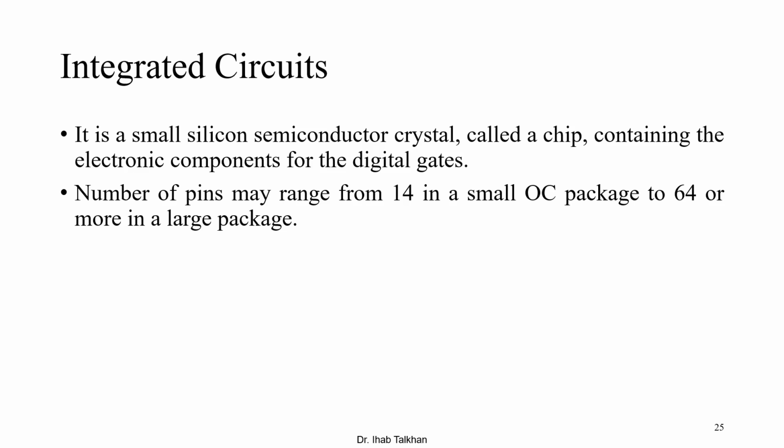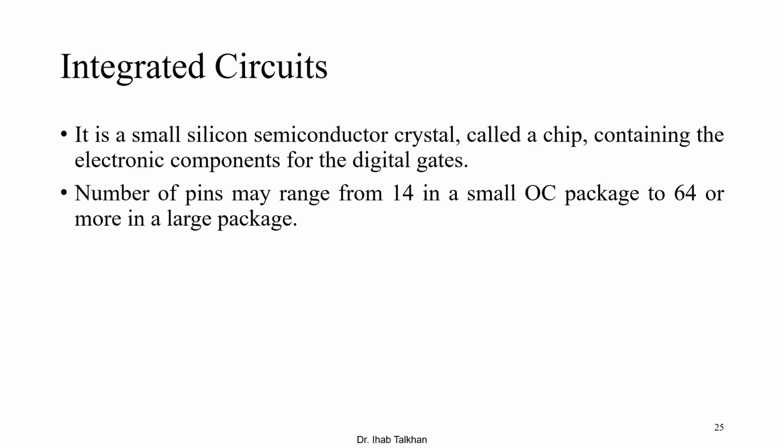It is a small silicon semiconductor crystal. Of course it is a crystal, because we have to organize the atoms in a way that allows us to control them. You cannot use silicon as it comes from sand, because the atoms are not distributed in order inside it. They are scattered everywhere, so whenever you have a voltage difference, the charge will go anywhere and there will be collisions. That's why we have a crystal.